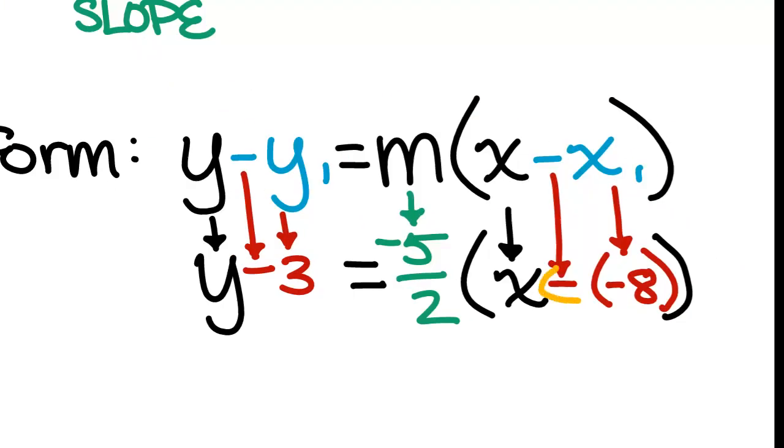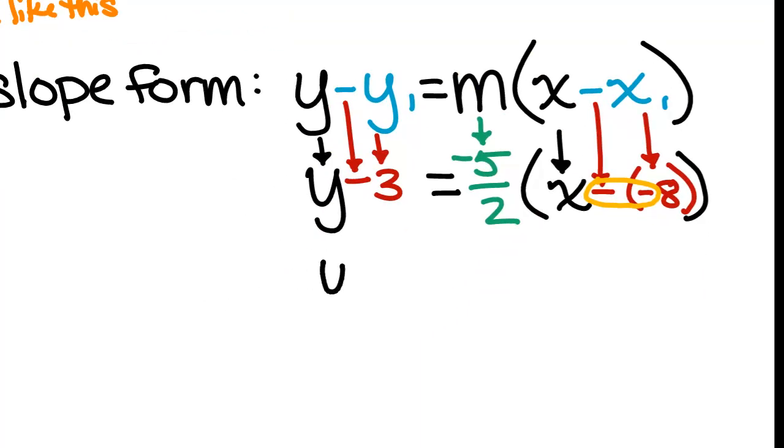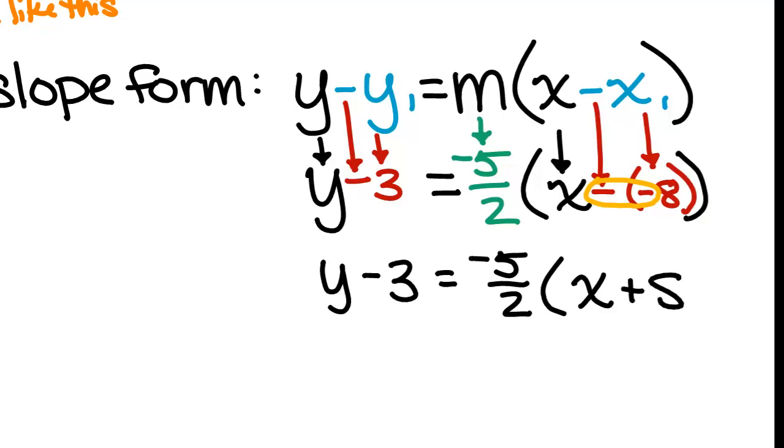Over here inside these parentheses, I'm subtracting a negative, which is the same thing as what? A positive. So y minus 3 equals negative 5 over 2, and then parentheses x plus 8. What do we do with numbers that are outside of parentheses? We distribute them. We're going to multiply them inside the parentheses.